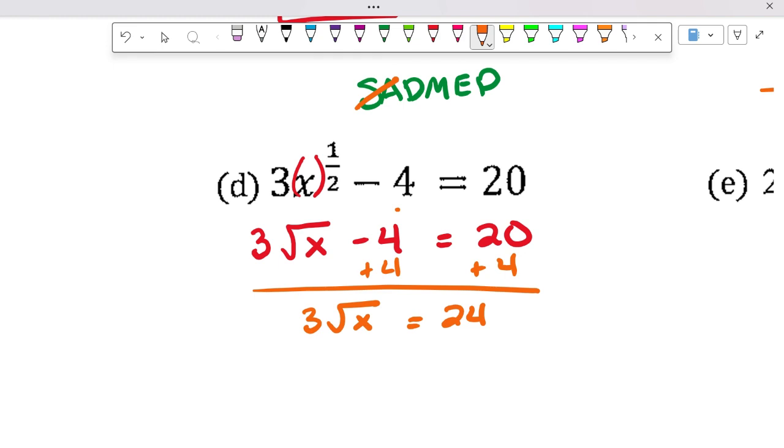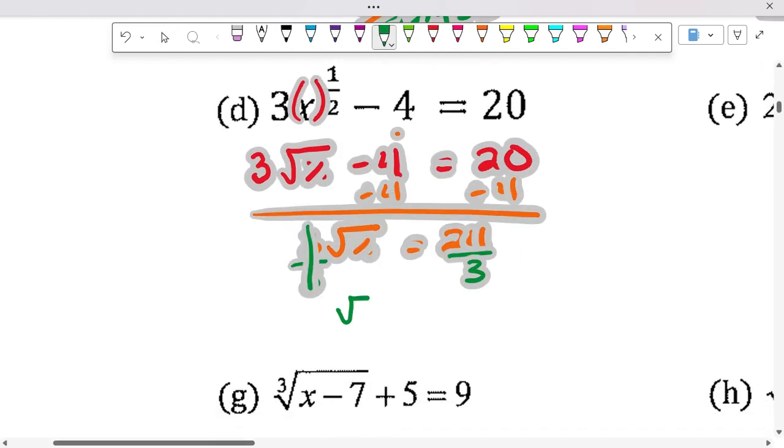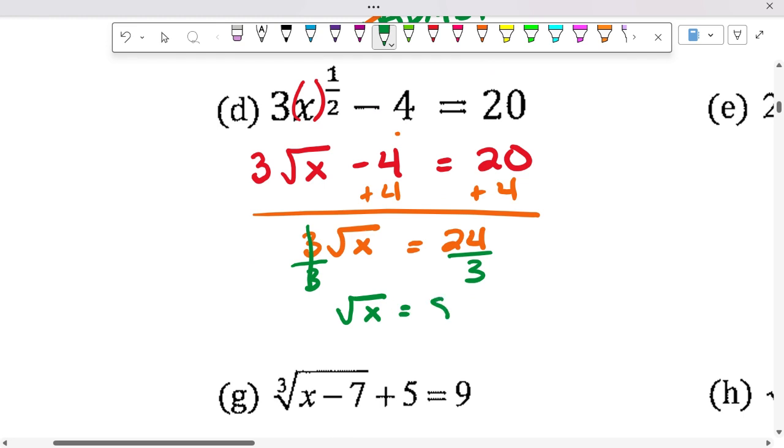Division, multiplication. Do I have anything being multiplied here? Absolutely, that 3. Okay, so yes, Rajon, you were correct. So it is the 3. The 3 is technically being multiplied here. So how do I get rid of it? Divide by 3. So this would be the square root of x is equal to 8.